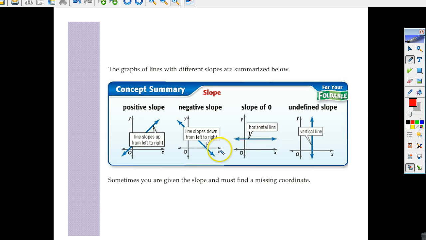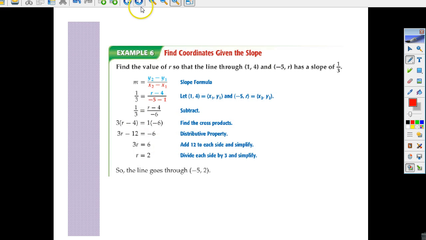If it's going down from left to right, but going upward toward the left side, remember, when you rise and then you ran to the left, it was a negative. So that's your negative slope. If you have a horizontal line going sideways, it's a slope of 0. If you have a vertical line going up and down, it's an undefined slope.